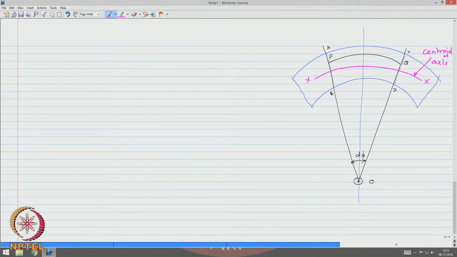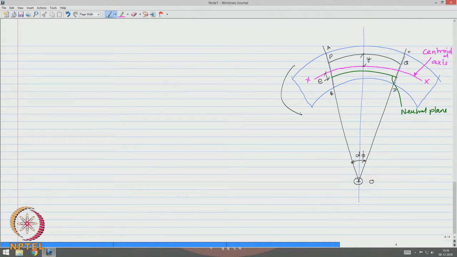As we just now said, the neutral layer will shift towards the center of curvature, which will now be at an eccentricity e from the centroidal axis, and the fiber is measured at a distance y from the centroidal axis.